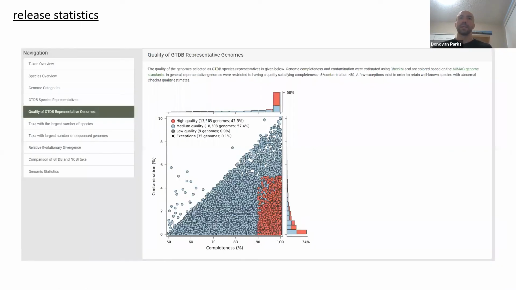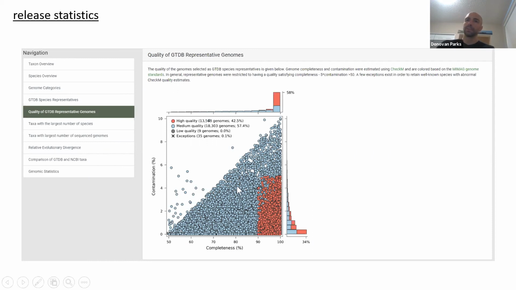We also have a release statistics page. This has a bunch of different visualizations and tables covering things like how many genomes it covers, how many of those are bacterial, how many are archaeal, how many representative genomes are MAGs or isolates. The view I'm showing you here is indicating the quality of the genomes that are selected as GTDB representatives.